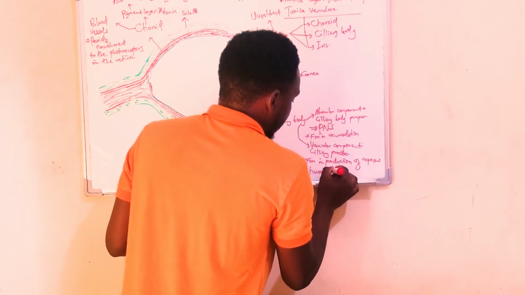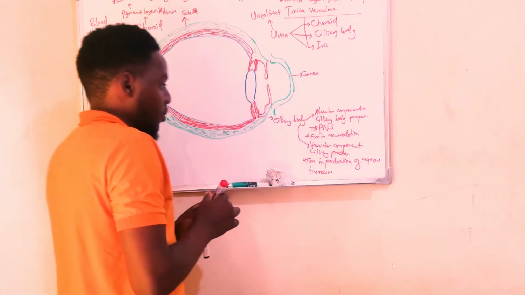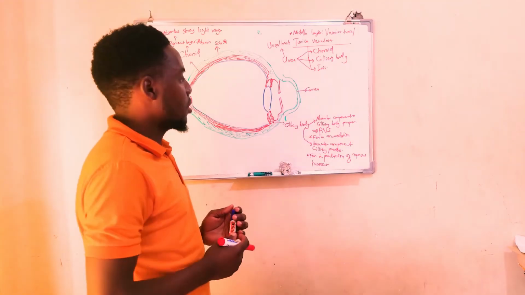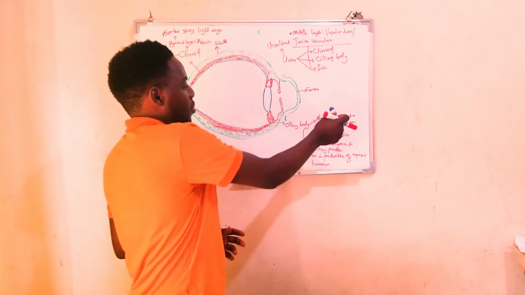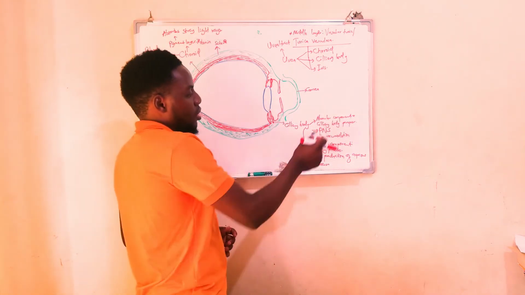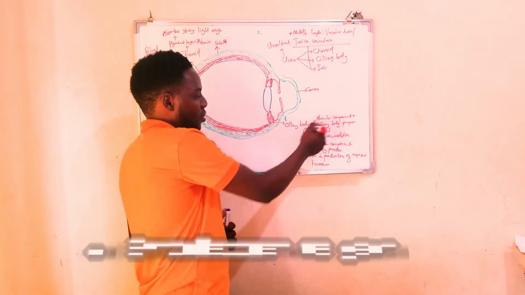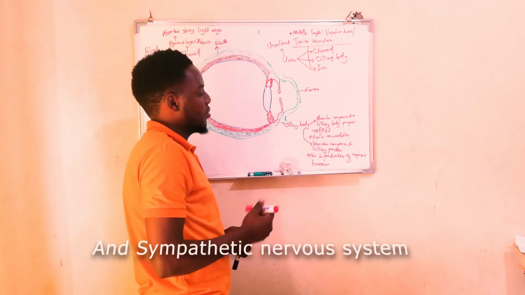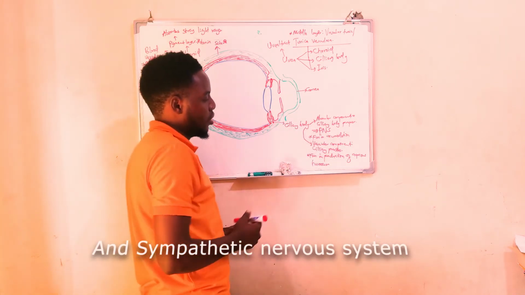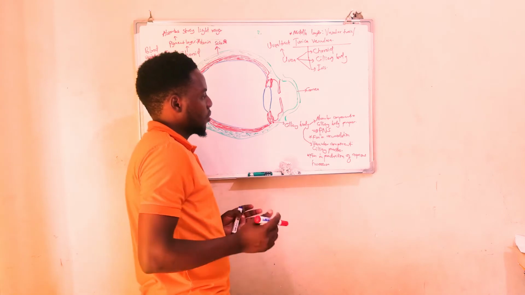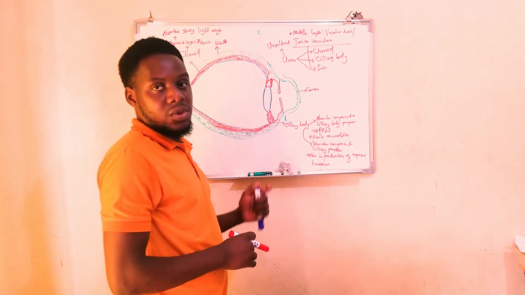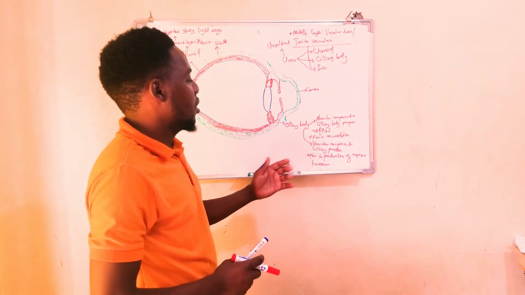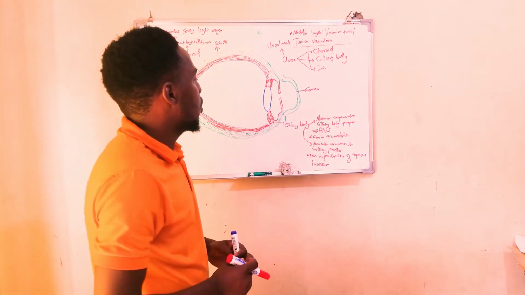We're going to talk about aqueous humor later on as we finish our video. So that's the ciliary body muscular component, ciliary body proper, which, as I've said, are muscles innervated by the parasympathetic nervous system, and they help in accommodation, changing the curvature of the lens. Then you have the vascular component, which is the ciliary process, functioning in production of aqueous humor.